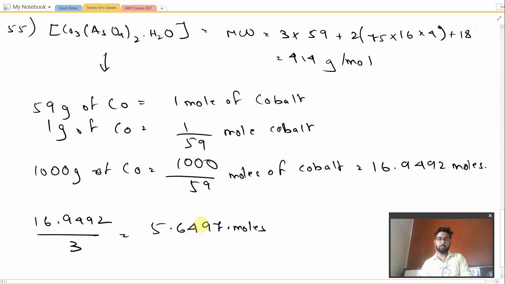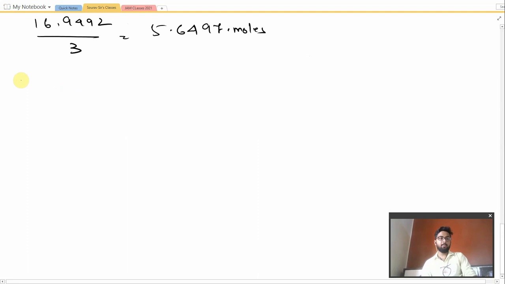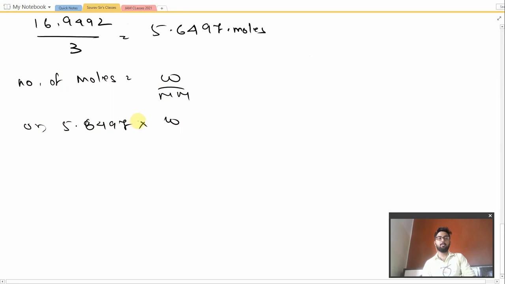From these moles we will be calculating the amount in grams. So number of moles is equal to weight by molecular mass, or 5.6497 is equal to weight by molecular mass, which we calculated as 414, so weight will be equal to 5.6497 into 414.